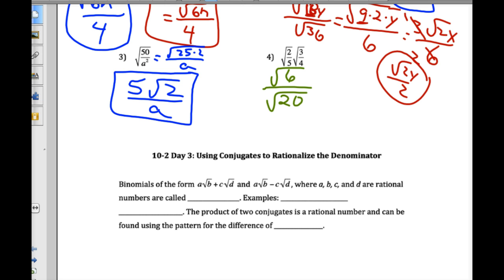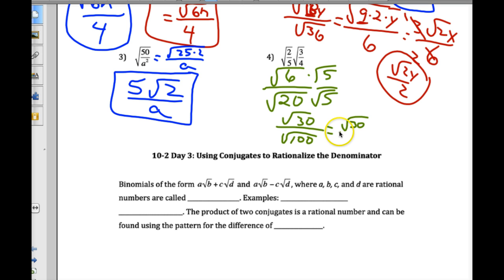Okay, I was going to multiply radical 20 over radical 20, but they said just multiply by radical 5 over radical 5, because that makes radical 100, so I got radical 30 over 100. So divide them both by 10. Radical 30 over 10. Okay.